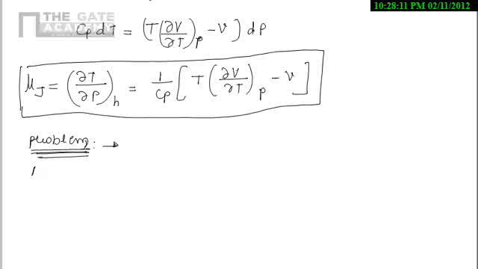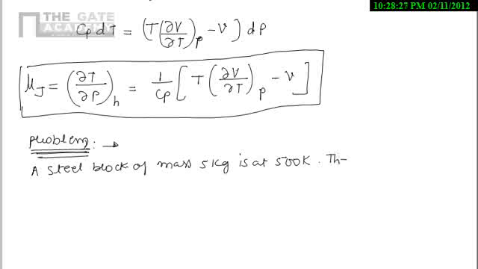A steel block of mass 5 kg is at 500 Kelvin. The ambient temperature is 300 Kelvin.